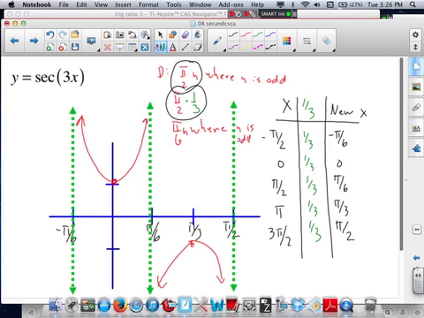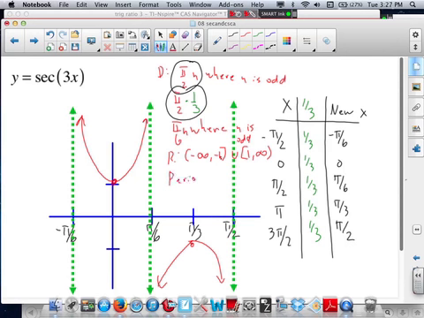My range, how's that go again? Negative infinity to -1, union 1 to infinity. Oh, actually, those are brackets right there. Now my period.